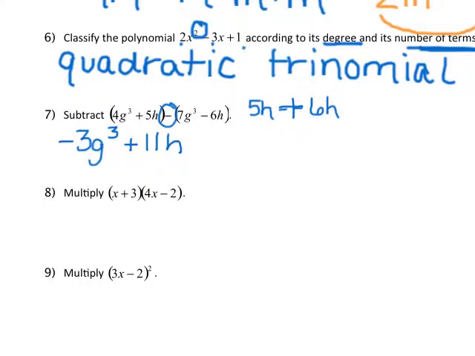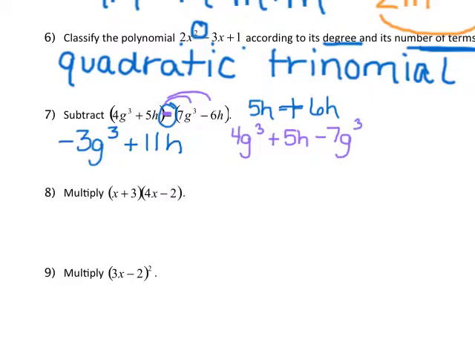The other way you could do this, if you wanted to, is remember that this negative sign can be distributed to both of these things in here. So I could rewrite this whole thing as 4g cubed plus 5h, and then if I distribute that negative, that's going to become a negative 7g cubed.